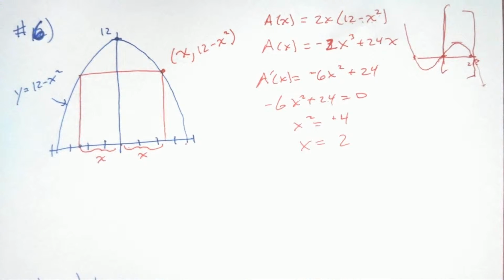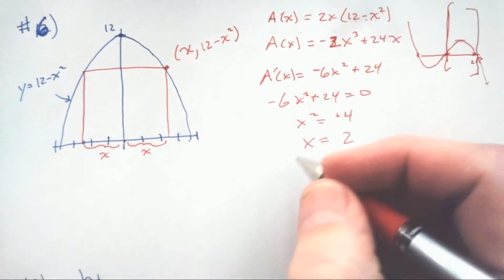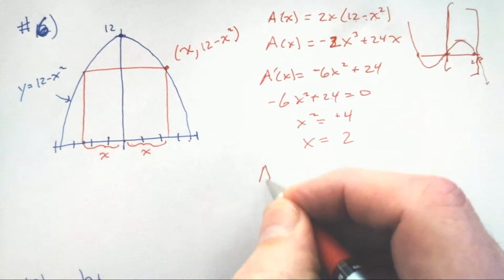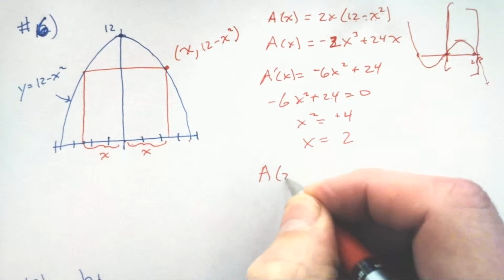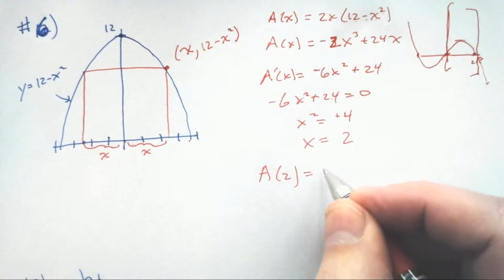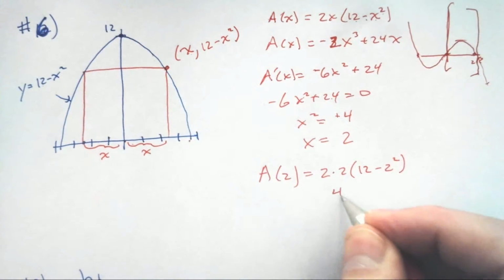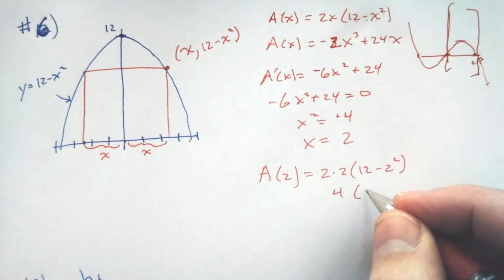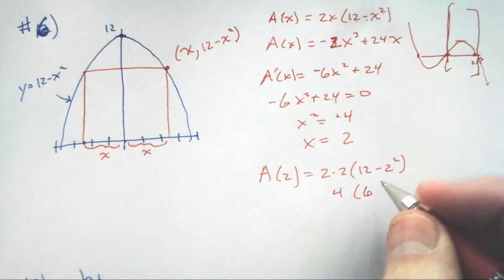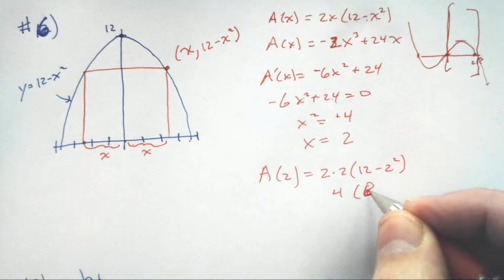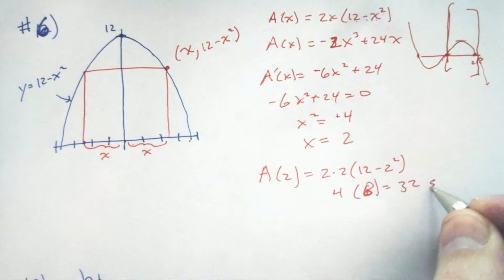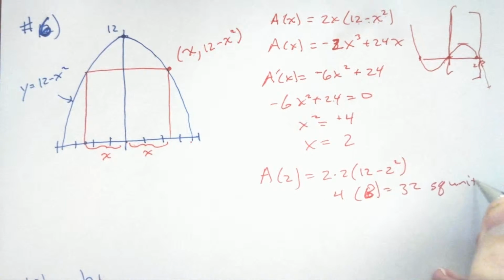Back to the question. The question says, what is the largest area of the rectangle and what are its dimensions? So back to our area function. Area based on 2 is 2 times 2 times 12 minus 2 squared, or 4 times 12 minus 4. Oh, excuse me, 12 minus 4, 8, or 32 square units.